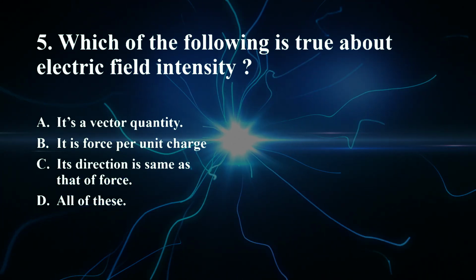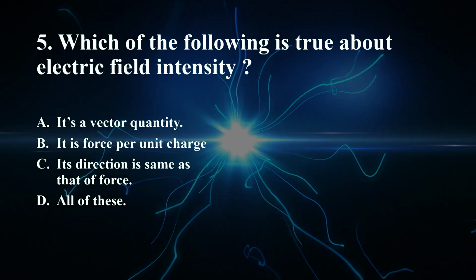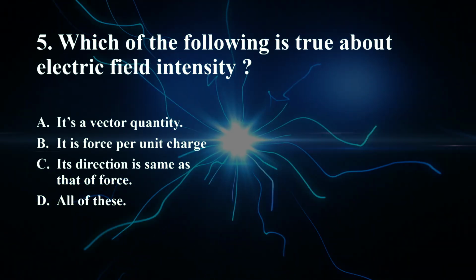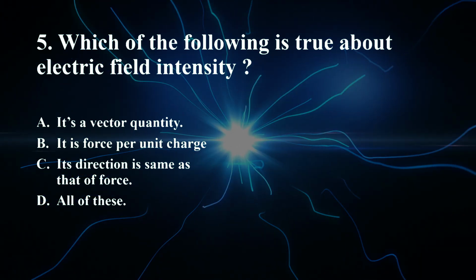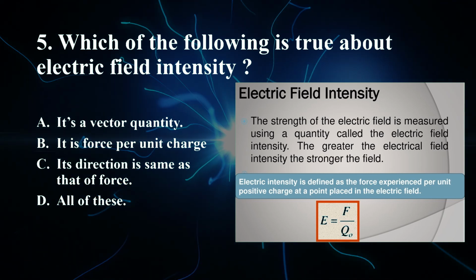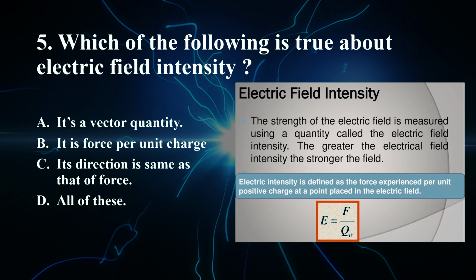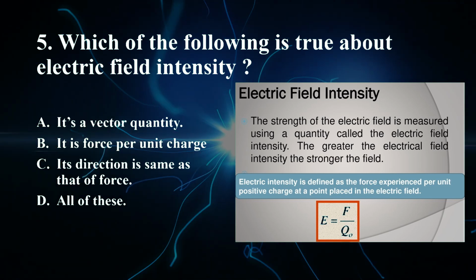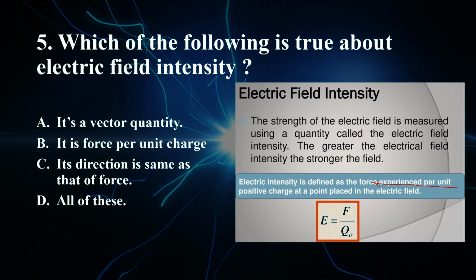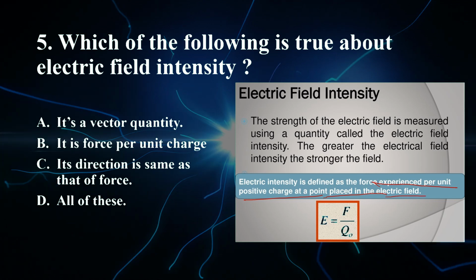Okay students, next MCQ is, which of the following is true about electric field intensity? It's a vector quantity, it's a force per unit charge, its direction is same as that of force, and all of these. So students, you started this concept in your second year classes, and the formula is electric field intensity is force per unit charge, and you can define it as the force experienced per unit positive charge at a point placed in the electric field.